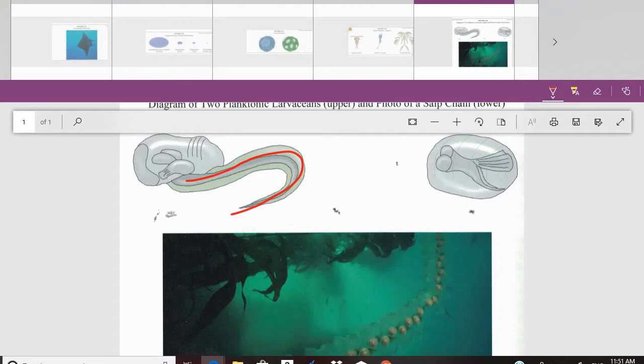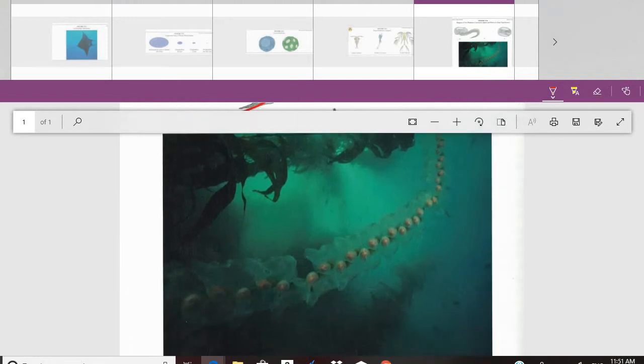If that filter area gets clogged because the particles are too large, they just shed it and get a new one, and the old one sinks to the bottom and becomes food for other organisms. This mucus net that they spread out can be about 2 meters long. So 2 yardsticks essentially long, so it can be quite large.